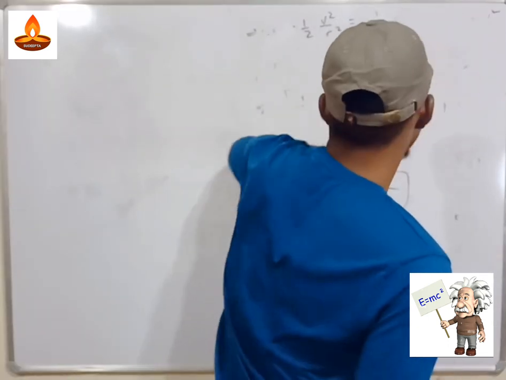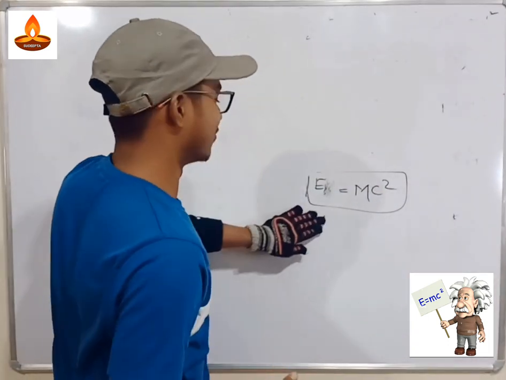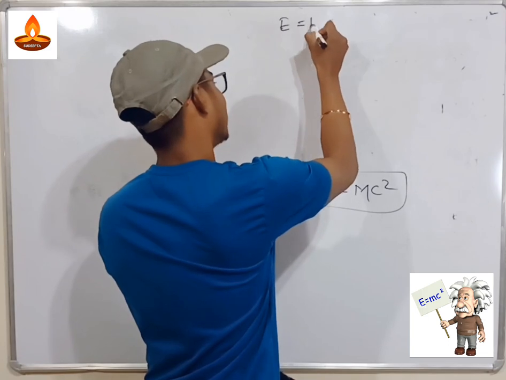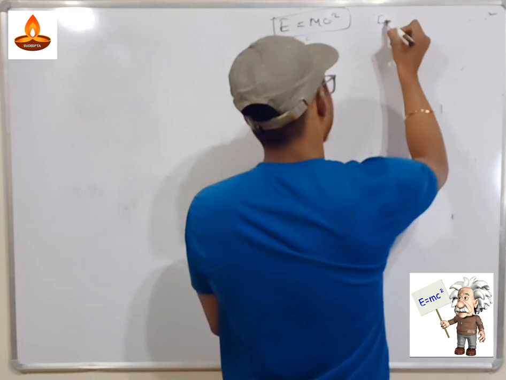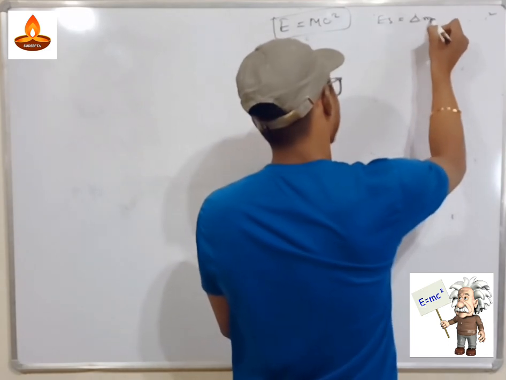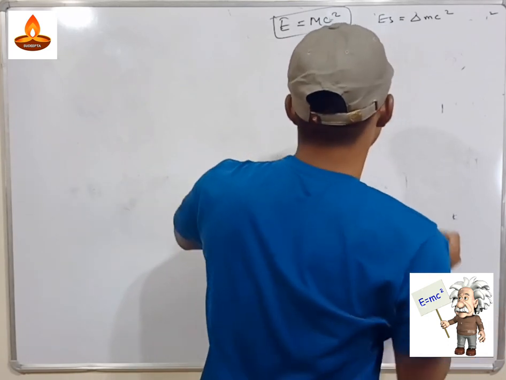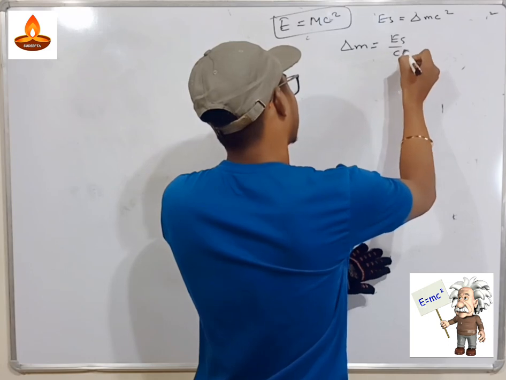E is equal to mc square is the equation we found. Es is equal to del m c square. This is actually del m is equal to Es upon c square, the actual equation.